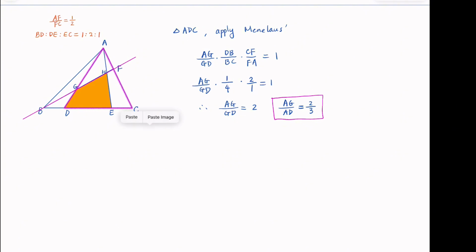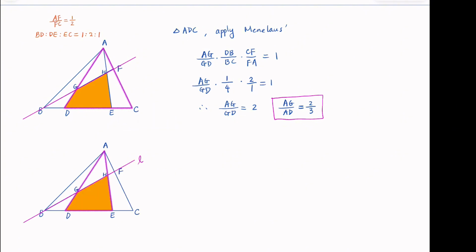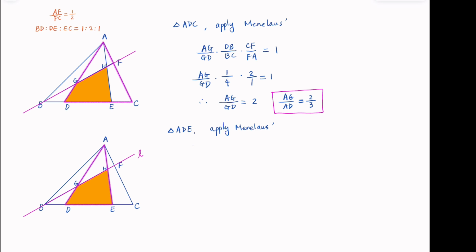Let's redraw this diagram here. This time we're going to look at the triangle ADE. Again, we're going to apply Menelaus. What we're going to have is AG over GD times DB over BE times EH over HA equal to 1.